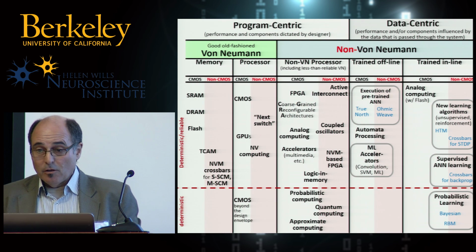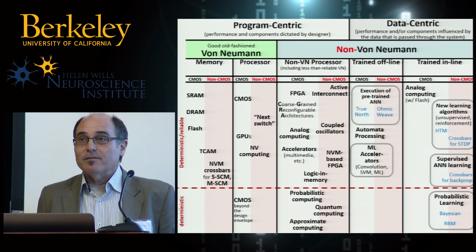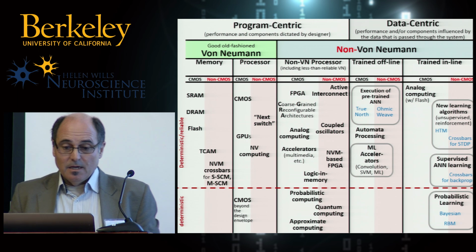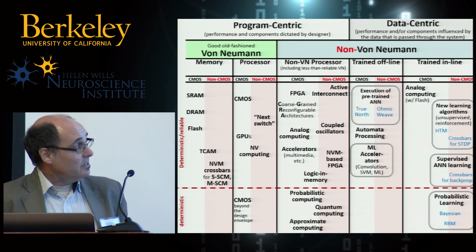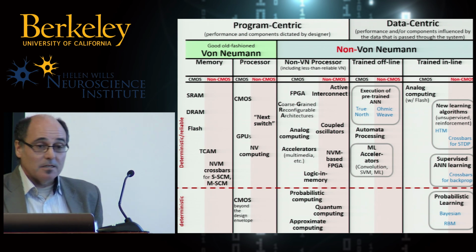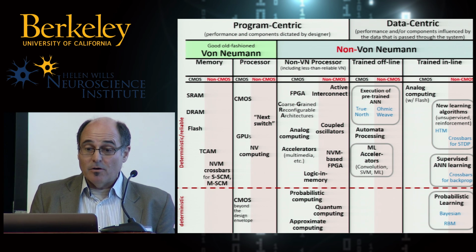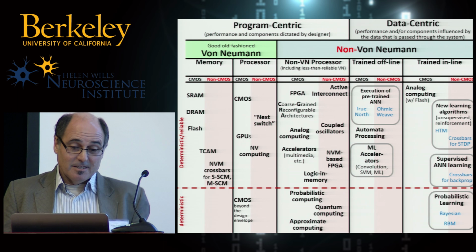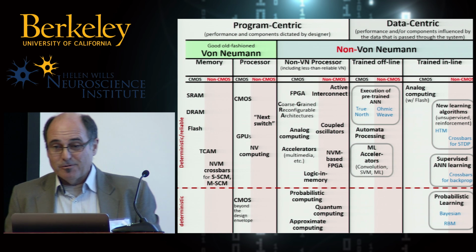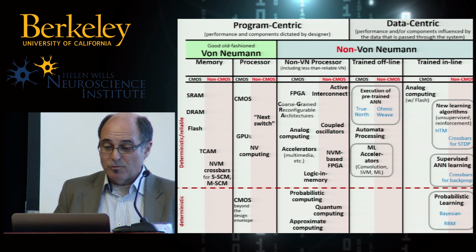Finally, along with Matt, who's in the back of the room there from Sandia, I'm on the ITRS Emerging Research Architectures Committee, and we just finished a chapter on emerging research architectures. This is the key figure, which includes things done by a lot of people in this room.